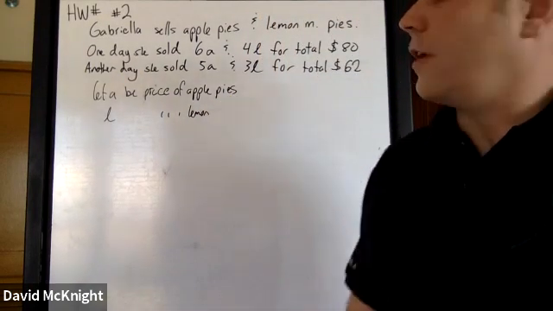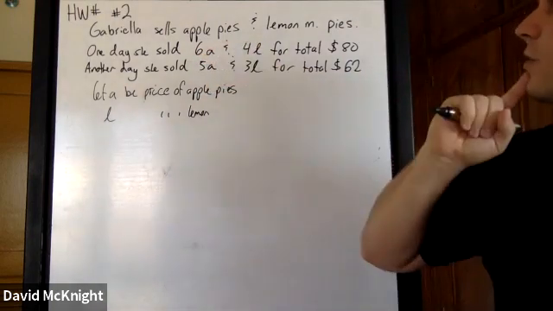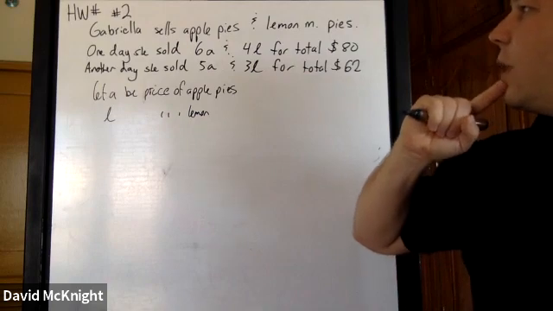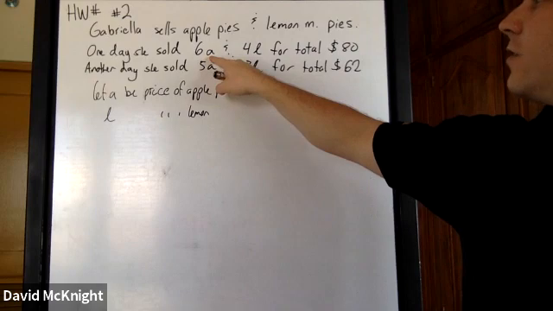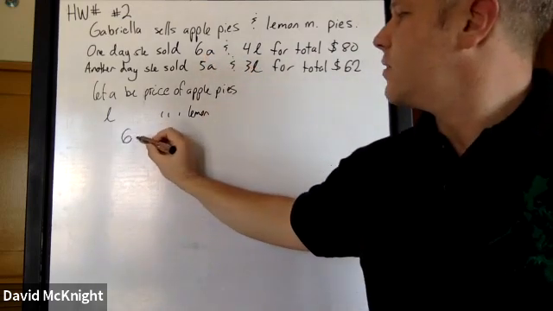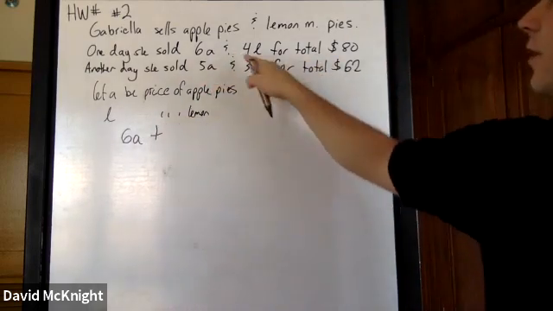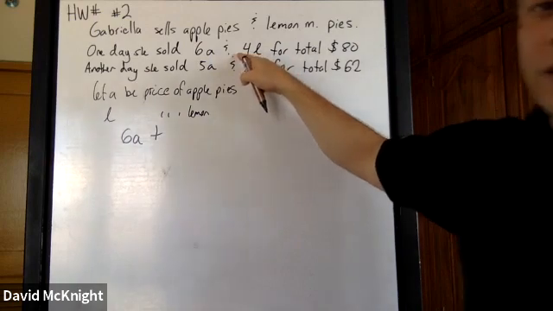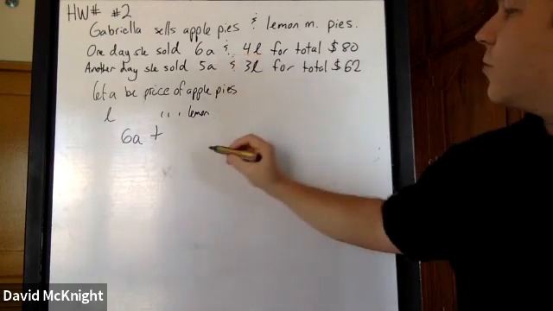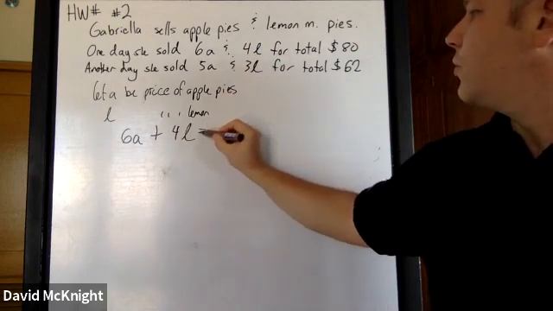Okay? So now that we have our variables set, we need to make 2 different equations. So 6 apple pies, so 6 times the price per apple pie, 6A, plus, for our total, 4, that's the amount of lemon pies, so 4 times the price of the lemon pies, 4L, equals a total of 80.